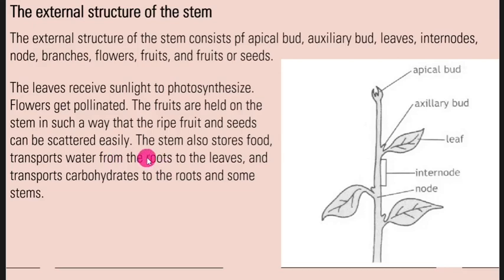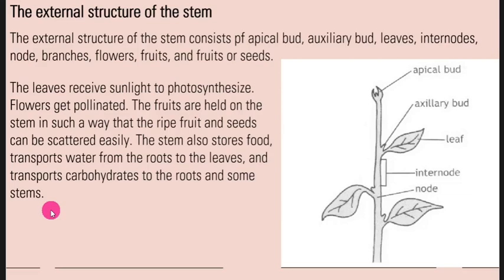Then the stem also stores food, transports water from the roots to the leaves, and transports carbohydrates to the roots and some stems. All right, so that's what we should know here.